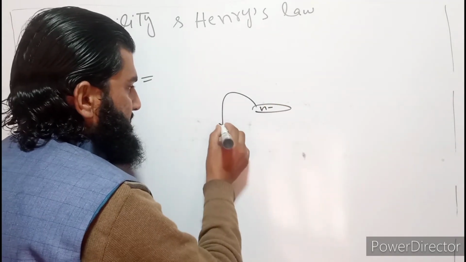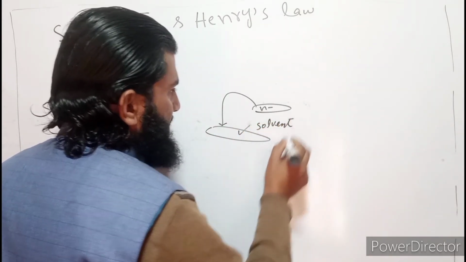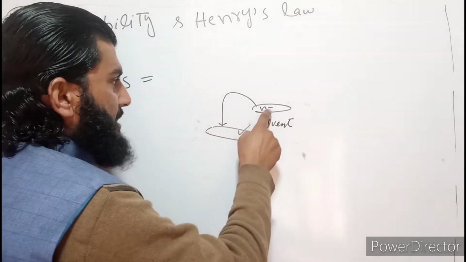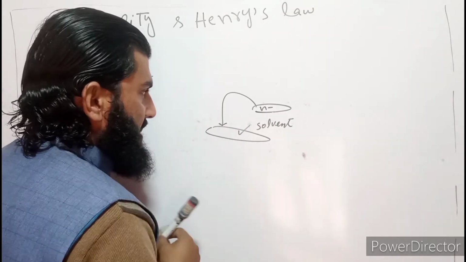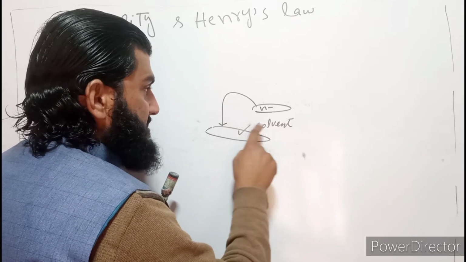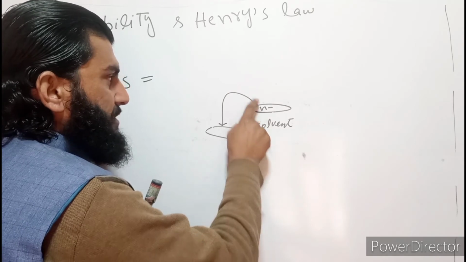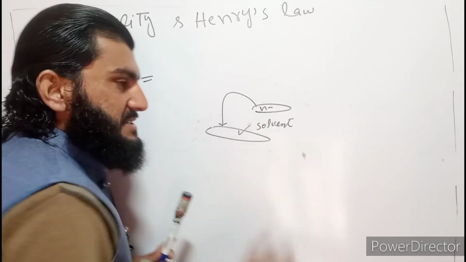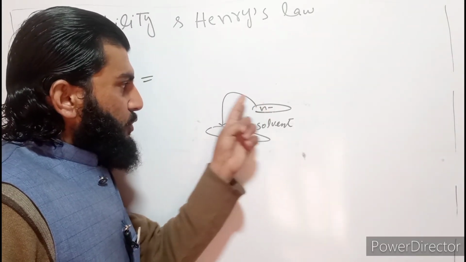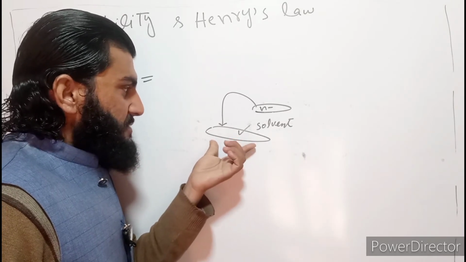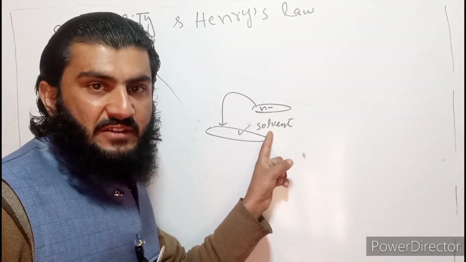When we dissolve it in 1 liter of solvent, the number of moles of solute which saturate the 1 liter of solvent, the number of moles of solute which make a solution saturated when we use 1 liter of solvent.